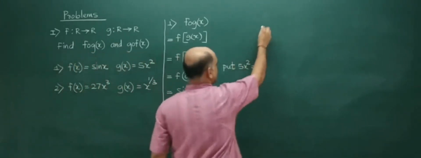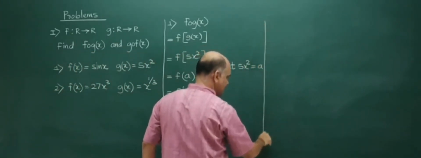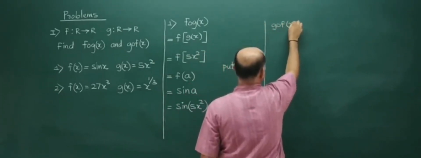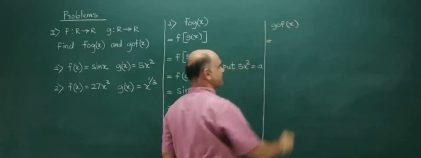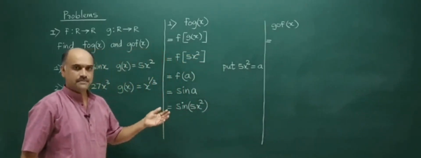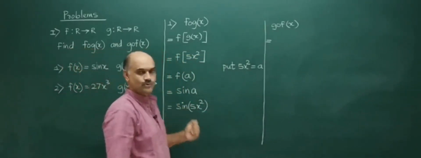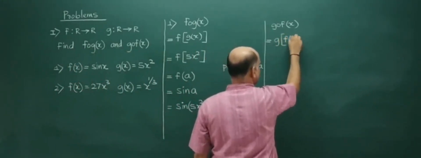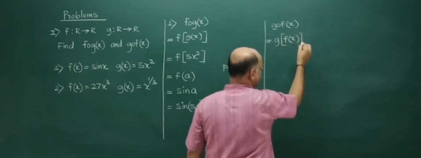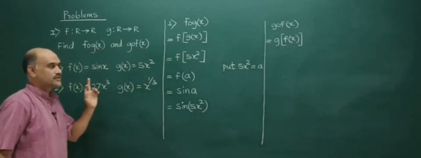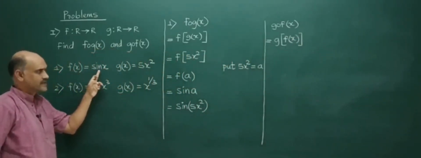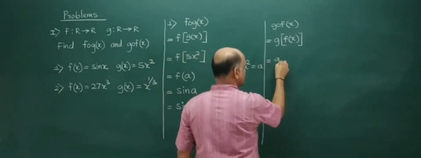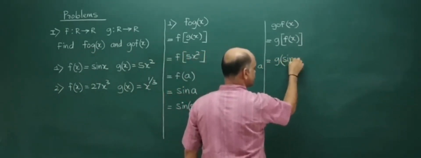Now similarly, you can tell me g of f of x. So g of f of x is equal to, can you write the first step? It is g into bracket f of x. Now substitute f of x. f of x is sin x. So this is equal to g into bracket sin x.